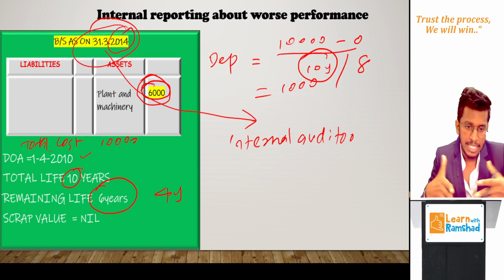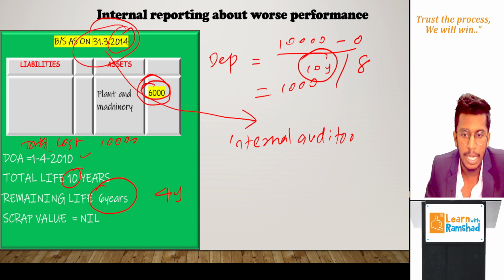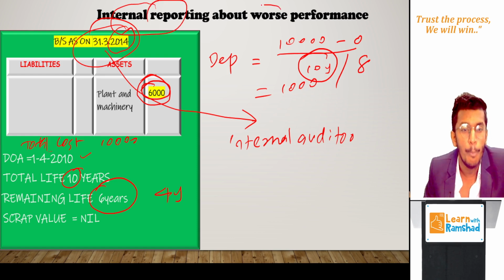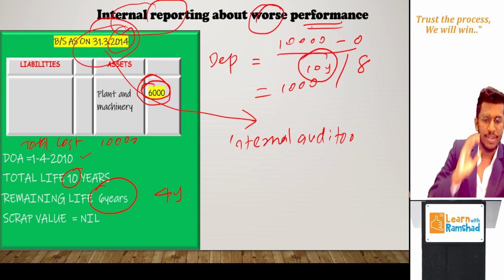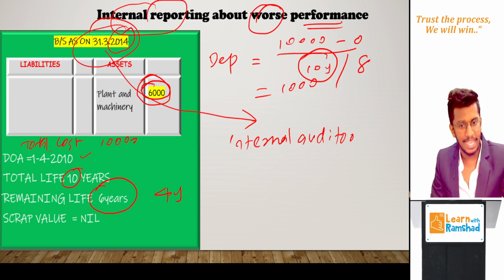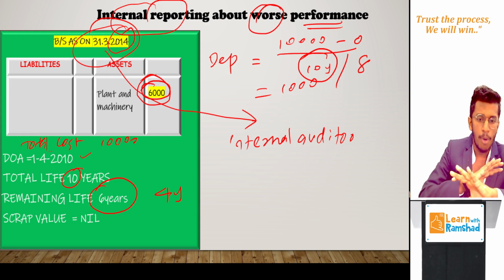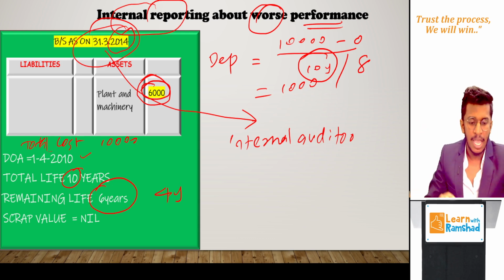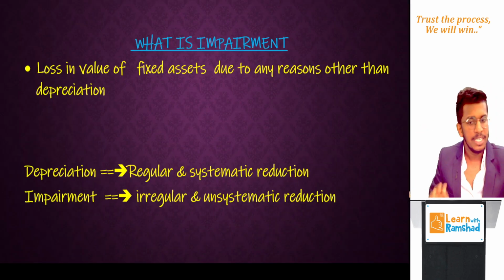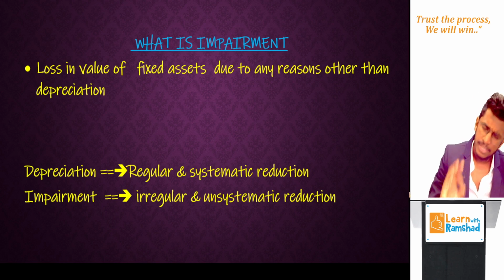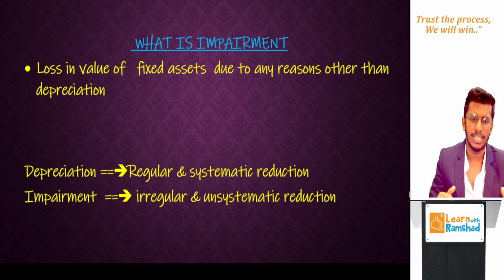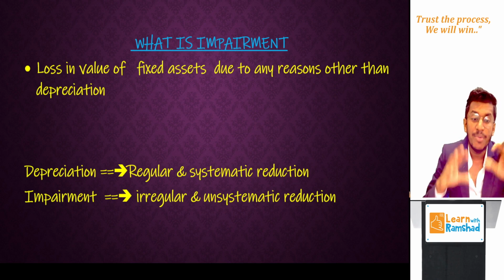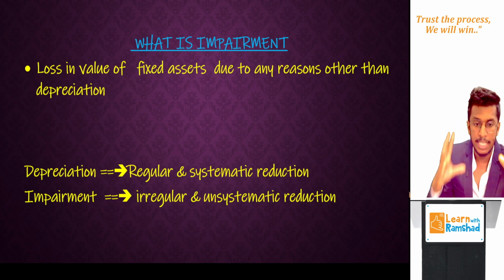There will be a sudden value reduction due to the internal audit about bad performance of your machinery. Ready? So these are the reasons other than depreciation, right? So in short, from all these case discussions, I'll sum up my points. Simply, what is impairment? It's just a loss in value of a fixed asset due to any reasons other than depreciation. That's my core point.